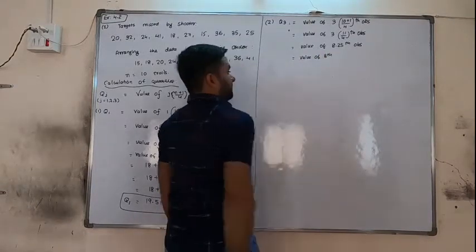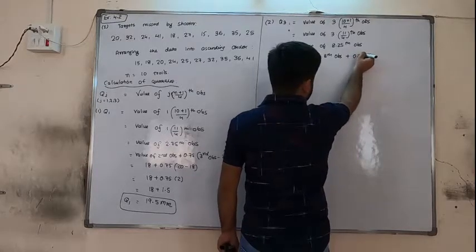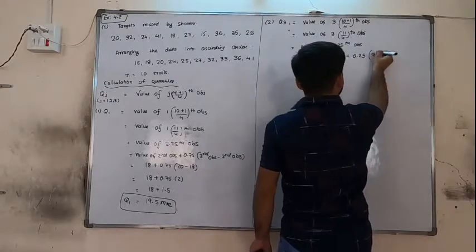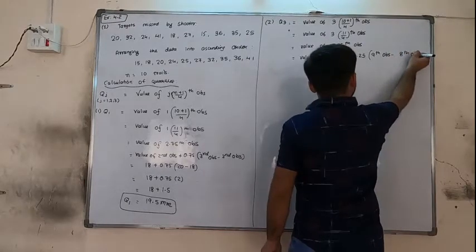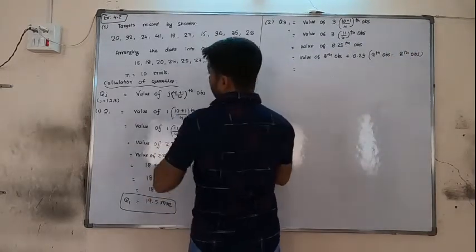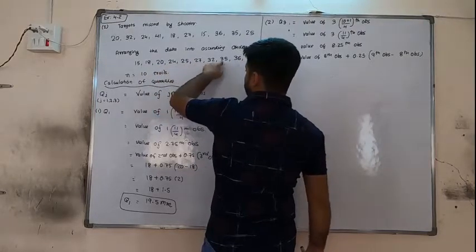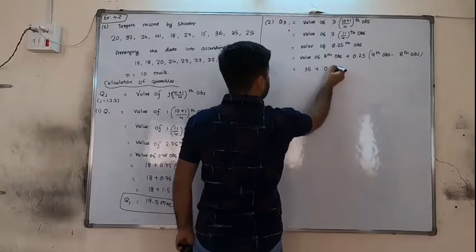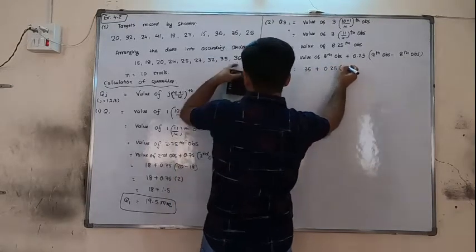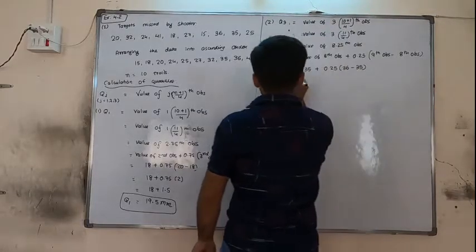Value of the current, that means 8th observation, plus decimal 0.25 in bracket, next 9th observation minus current 8th observation. 1, 2, 3, 4, 5, 6, 7, 8. 8th is 35, plus 0.25 in bracket, next 9th observation is 36 and current observation is 35.